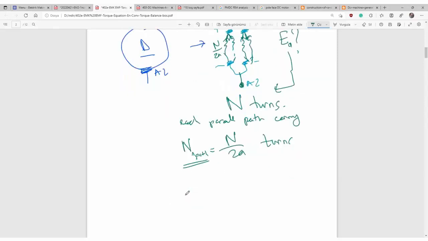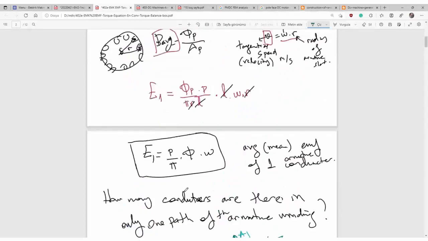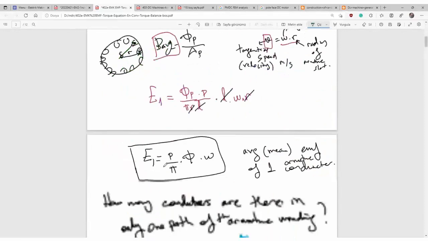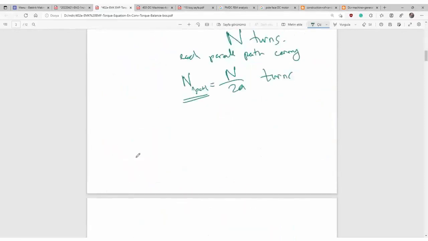But, gentlemen, we have made some calculations only for a conductor, not for a turn. Houston, that is one turn having 2 conductors.